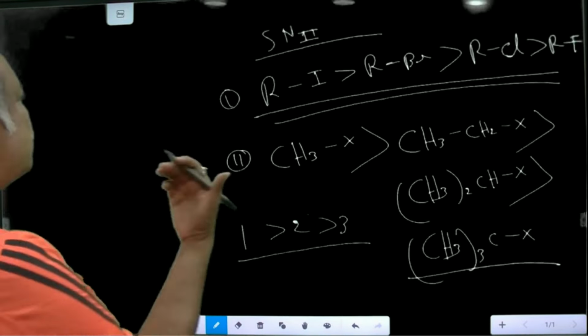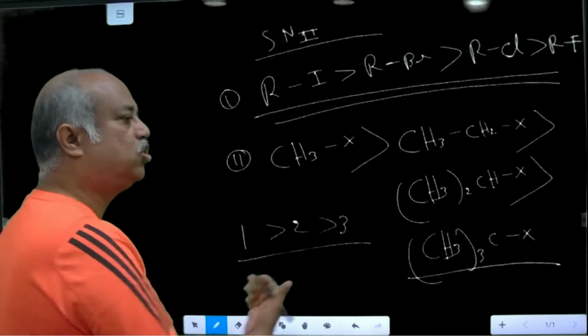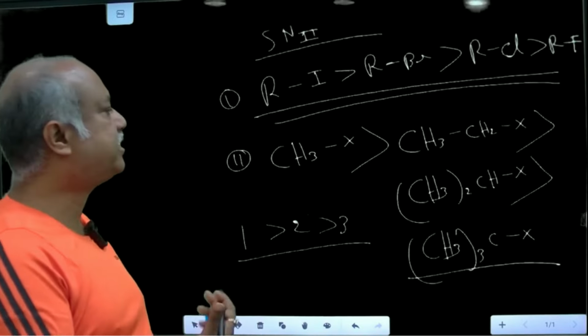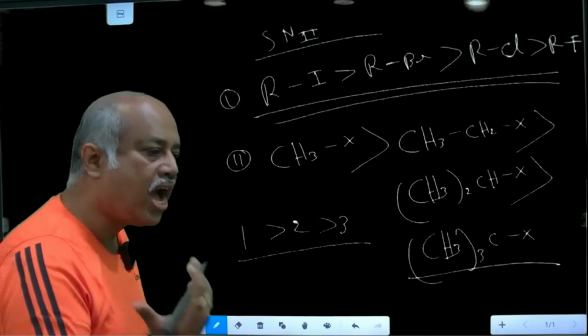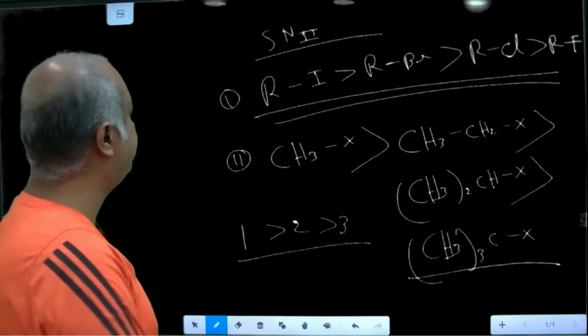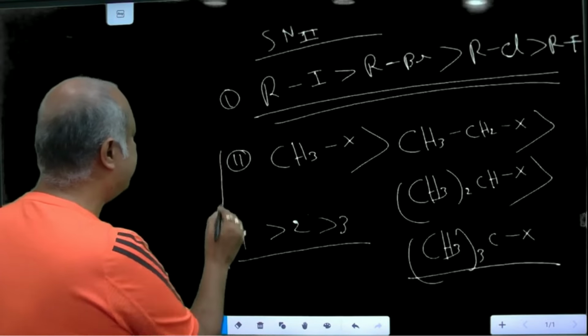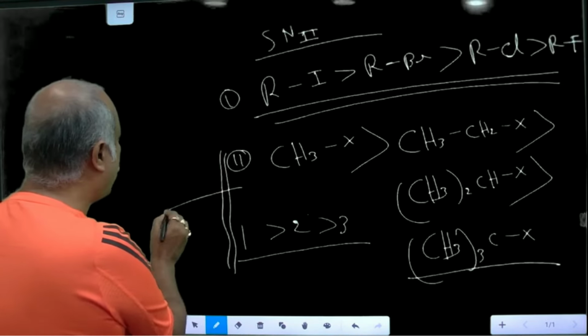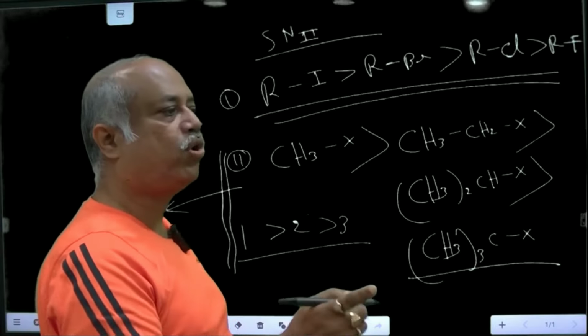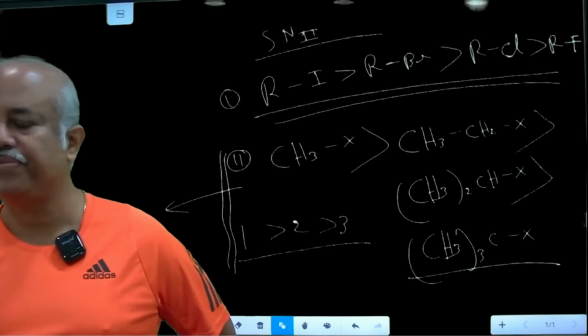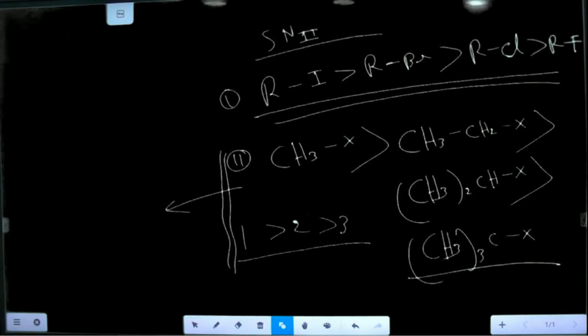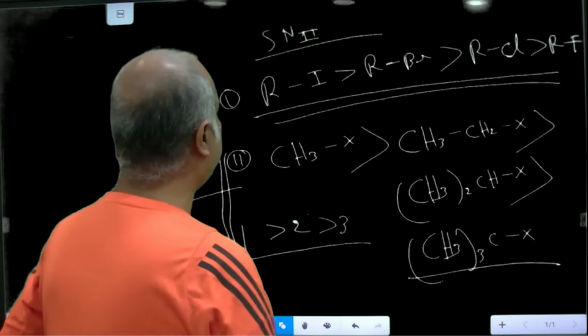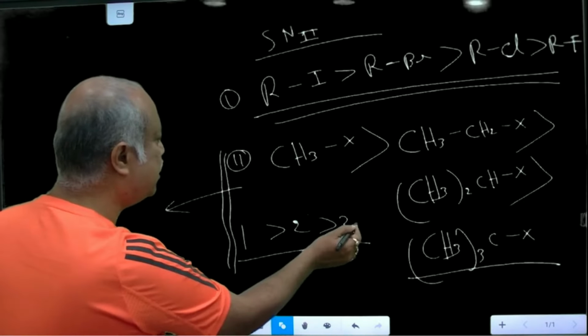That is just the opposite of the SN1 mechanism, and this mechanism does not depend on the stability of carbocation. This is the reverse one.